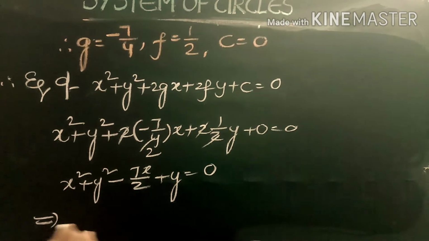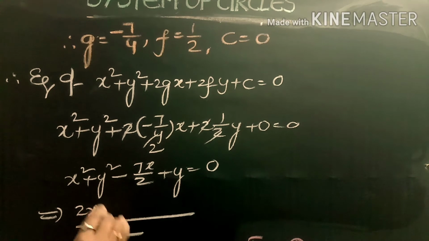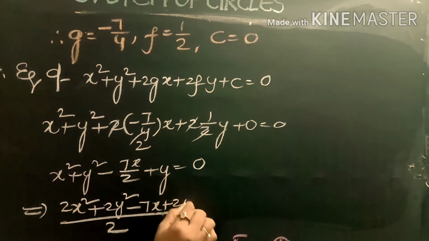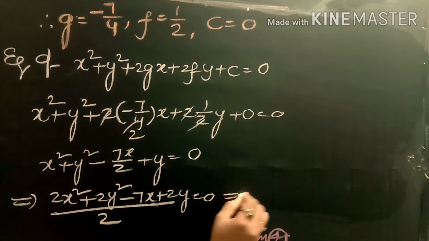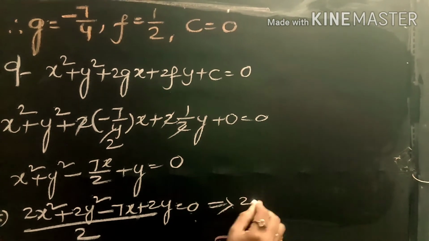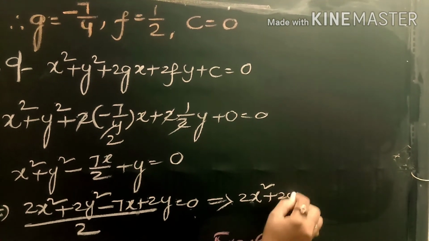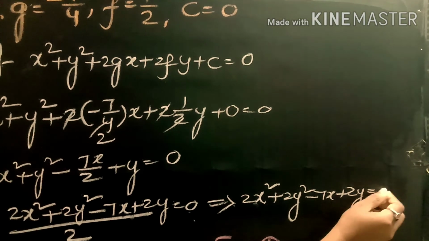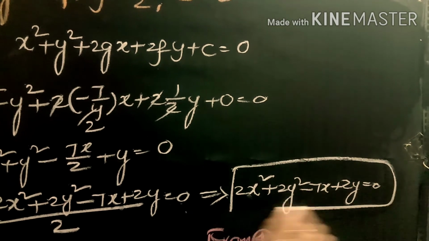Taking 2 as LCM, 2x square plus 2y square minus 7x plus 2y is equal to 0, which is the required answer.